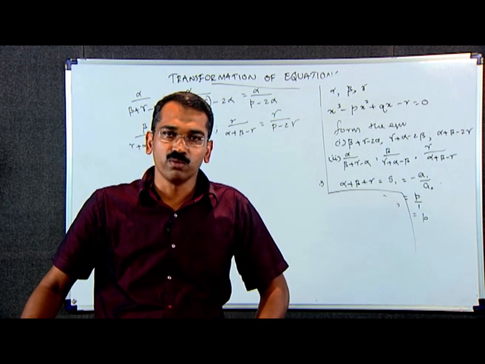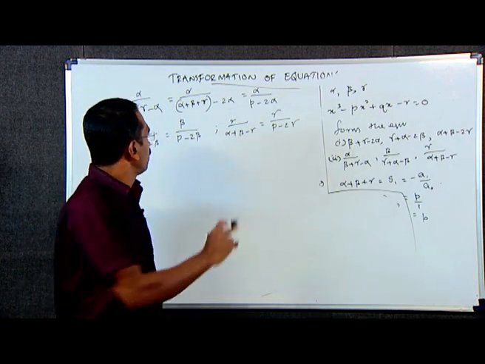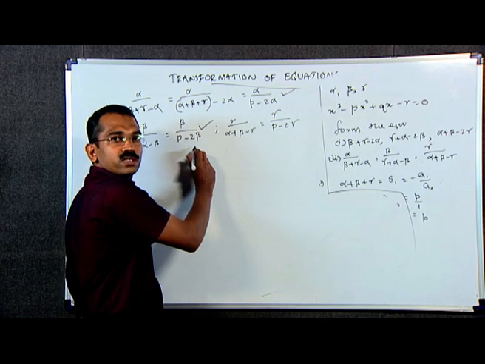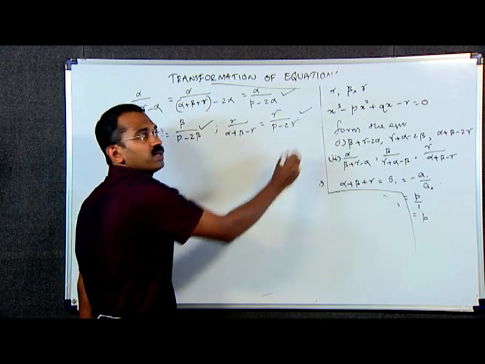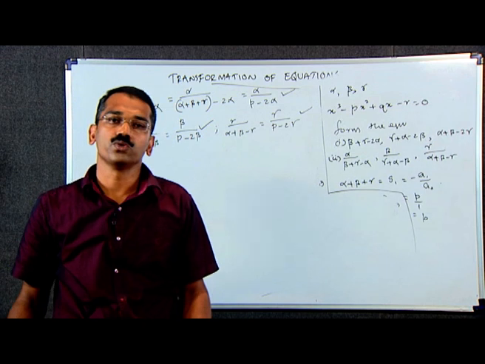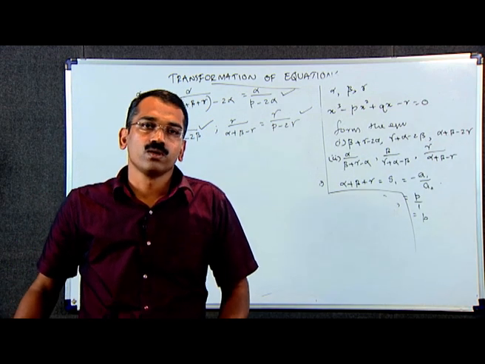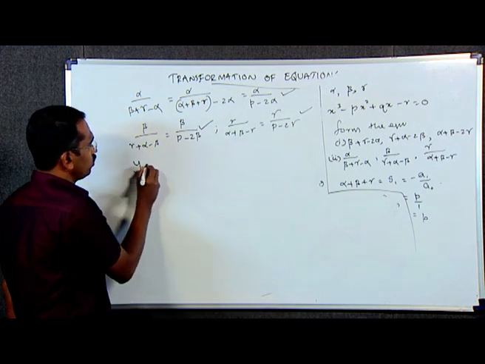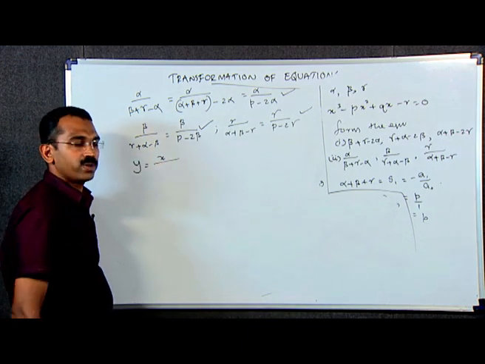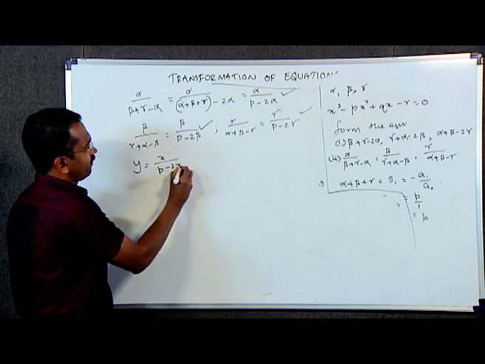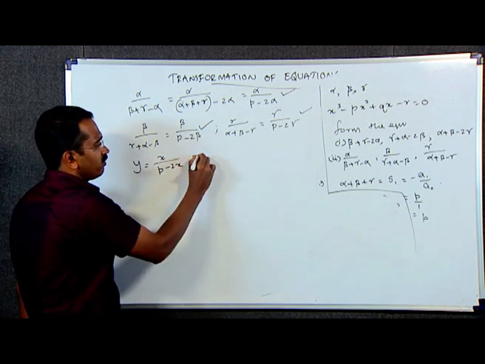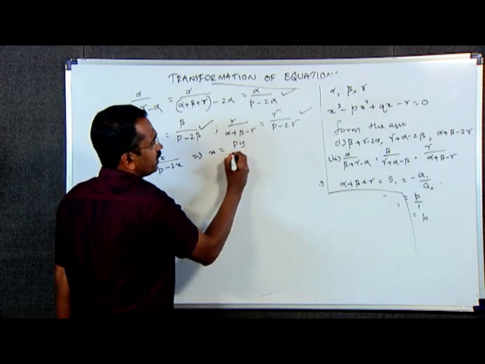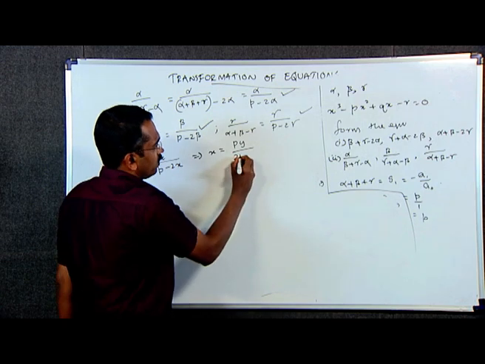Therefore, we have to form the equation whose roots are alpha divided by p minus 2 alpha, beta divided by p minus 2 beta and gamma divided by p minus 2 gamma. Here we use the transformation relation as y is equal to x divided by p minus 2x. From this we can write x as p into y divided by 2y plus 1.